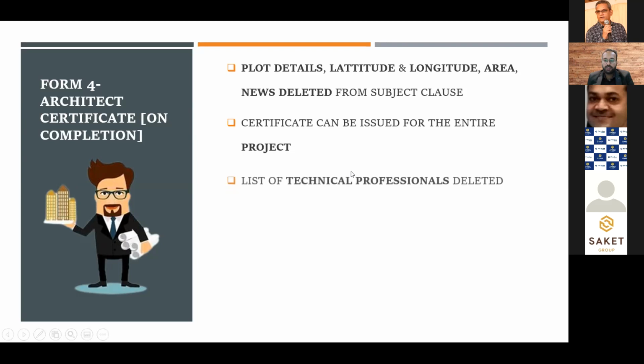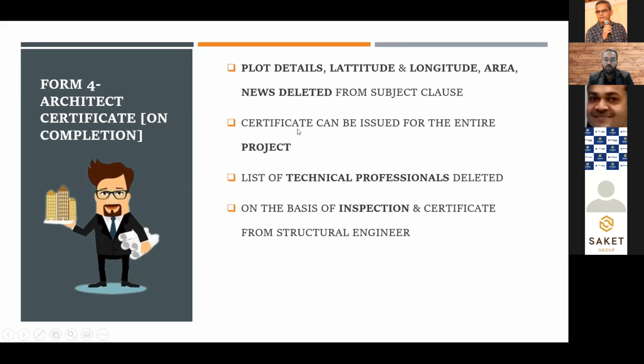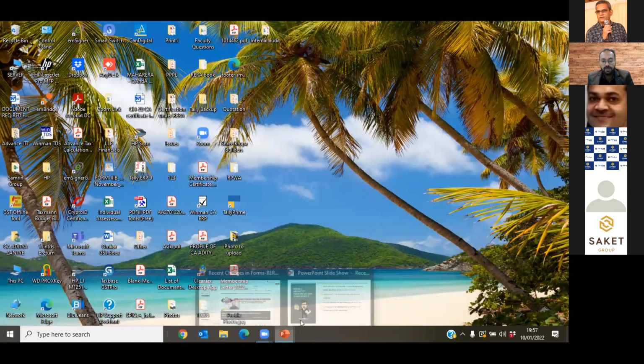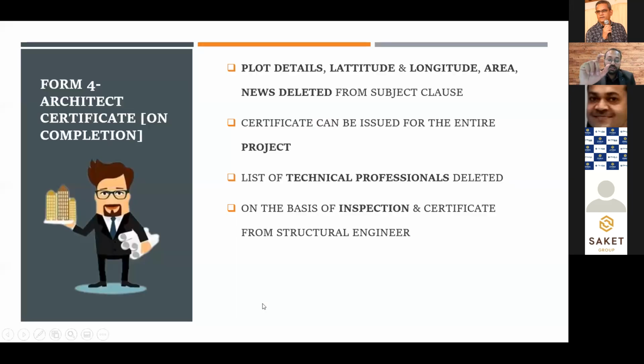List of the technical professionals. Here also it is deleted, on the basis of inspection. Yes, this is an additional word inserted. He doesn't only have to depend on the certificate of the structural engineer. Earlier the certificate had the wording: based on the certificate received from, based on the certificate issued by the structural engineer.